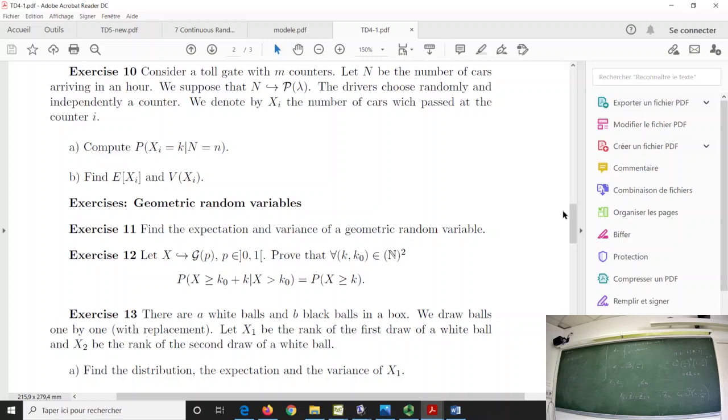So if I want to know the distribution of xi, you have to compute the following. What interests me is the probability that xi equals k, and I want you to compute this one for any k belonging to the natural numbers. It's my job, okay?